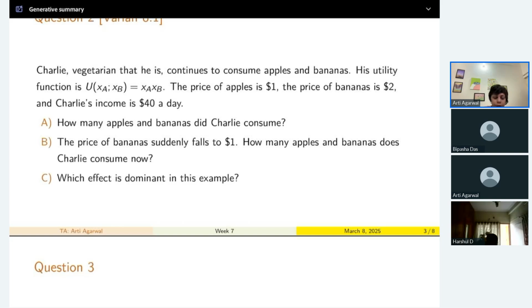You have to find out how many apples and bananas Charlie will consume. And then if the price of bananas falls to 1, how many apples and bananas does he consume now? And in this example, which effect is dominant? You need to decompose income and substitution effects again and find which effect is dominant.